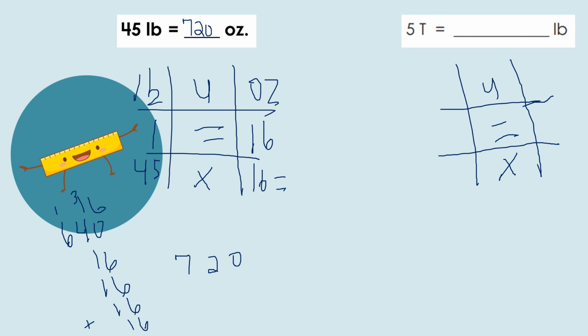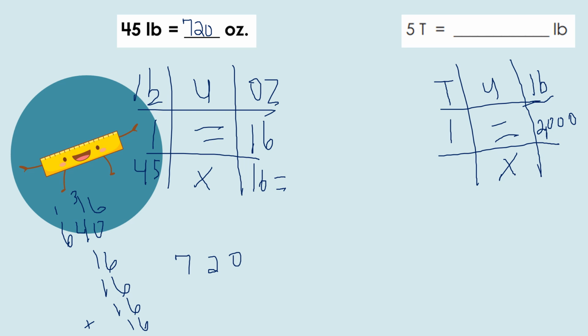So now we're back over here with 5 tons equals blank pounds. My biggest unit in this question is tons, because with tons you think about a car, and with pounds you think about a can of vegetables. Second row is from my chart. I know that my chart says 1 ton is equal to 2,000 pounds. And then the third row is for my question.